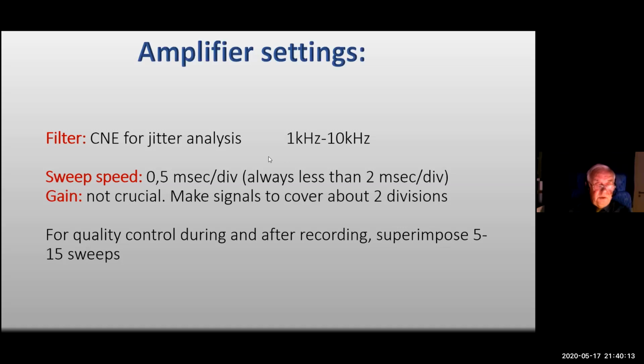The sweep speed, we should have a high sweep speed so that we can see details of the signal. 0.5 millisecond per division. The gain, signals are small or large, it varies very much. So we increase the amplification so that the signal covers about 1 or 2 divisions, or 2 or 3 divisions.